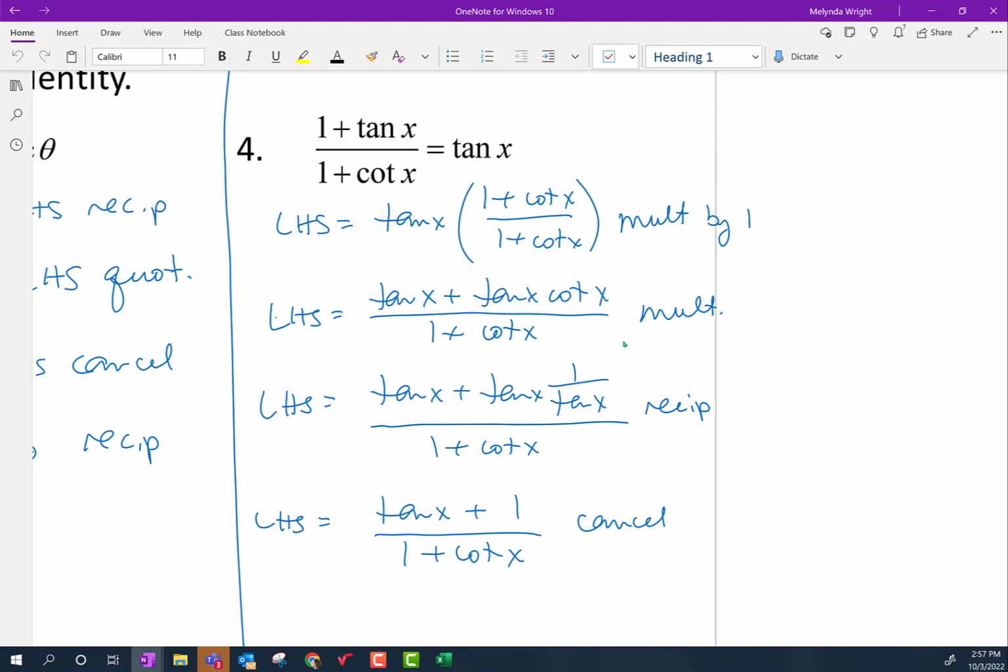And what I did is I left the more complicated side alone, and I multiplied by a clever form of 1, because I knew I needed 1 plus cotangent on the bottom. So I decided to multiply by 1 plus cotangent over 1 plus cotangent. So yay, the denominator is set. I don't need to mess with it at all. Then it's a matter of working on the numerator to turn it into 1 plus tangent. And after I distribute and do some reciprocal work, I'm there.